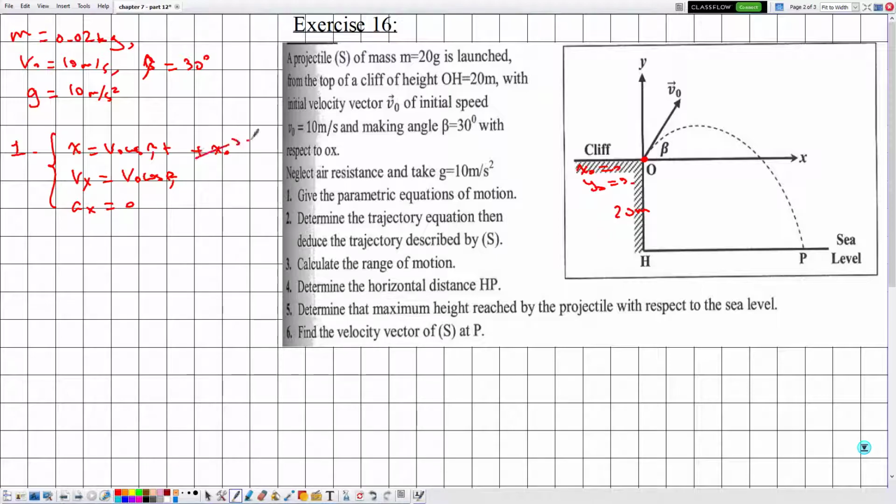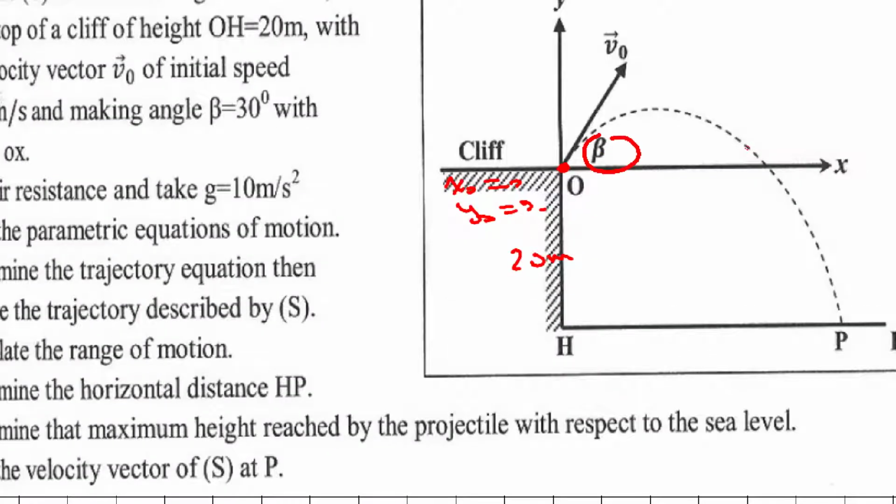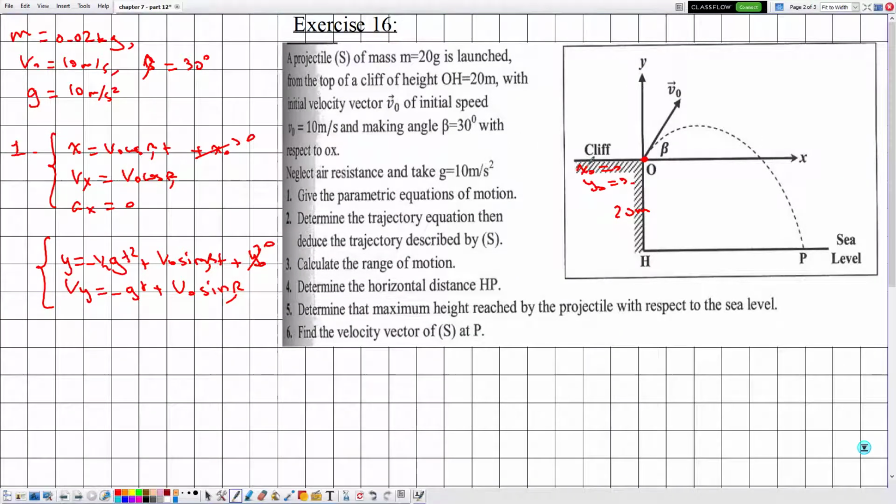As for the y component, we have y is equal to minus half gt square plus V0 sine beta t plus y0, which is 0. We have that Vy is equal to minus gt plus V0 sine beta. Previously we were calling this angle alpha, but now it's beta, so we should use the same notation, and ay is equal to minus g.